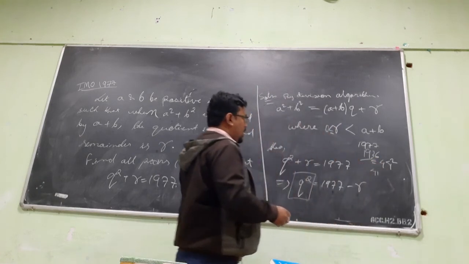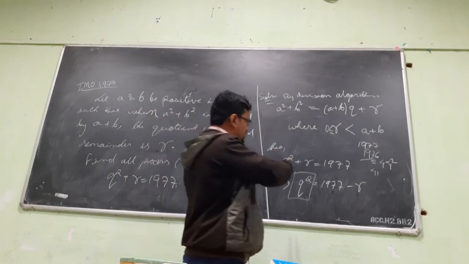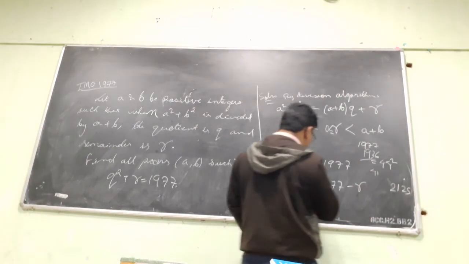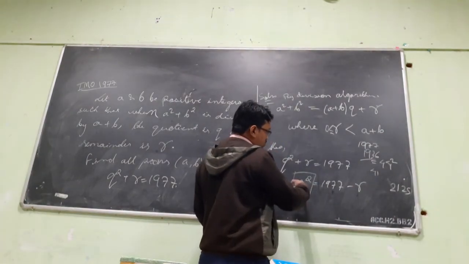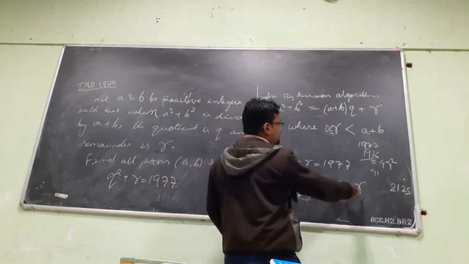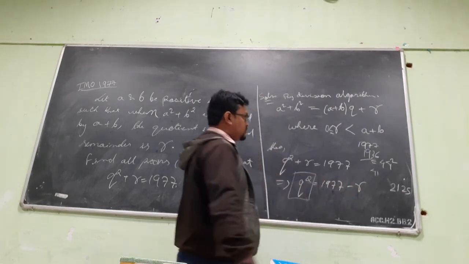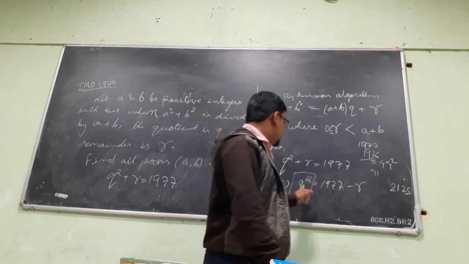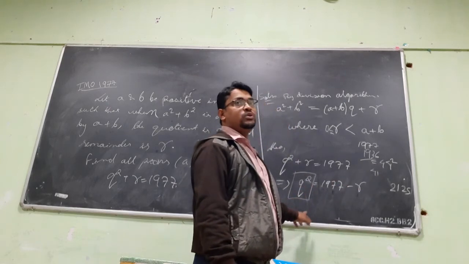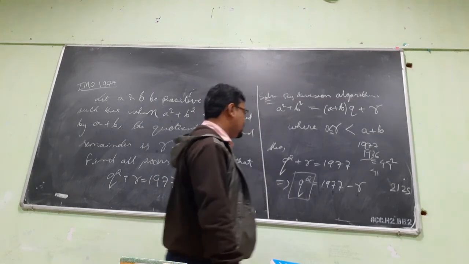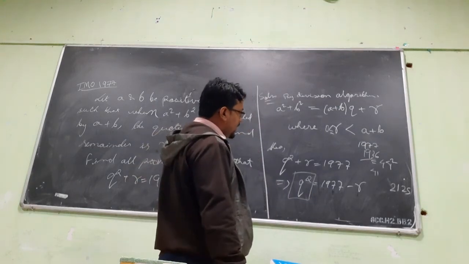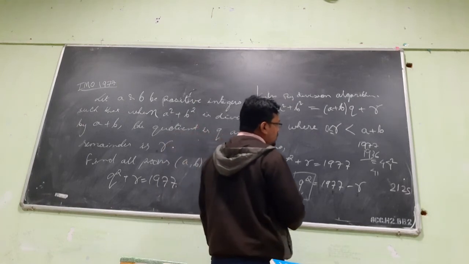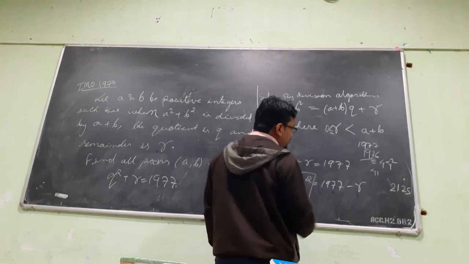The next, 45 square, is 2025. If I write 2025 here, then R becomes negative, but that is not allowed. So the possibilities here are Q can be 1, 2 up to 44. The value of Q cannot be greater than 44.